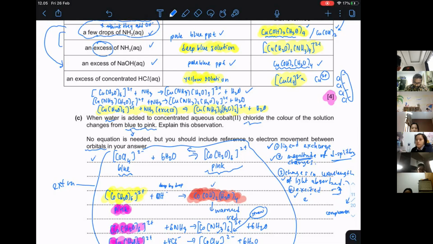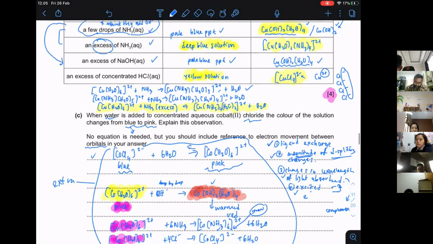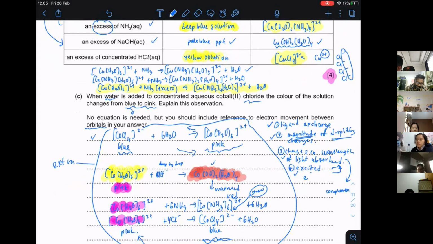So when you add water, from blue to pink, more water, so you dissolve. You can, but I think you still need to talk about ligand exchange also, Gabriela Nico. So you cannot ignore the ligand exchange. Normally, explain that it dissolves, yes, but do remember the equation is important.